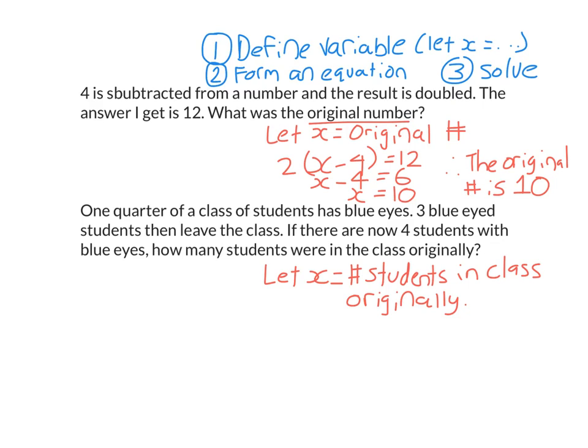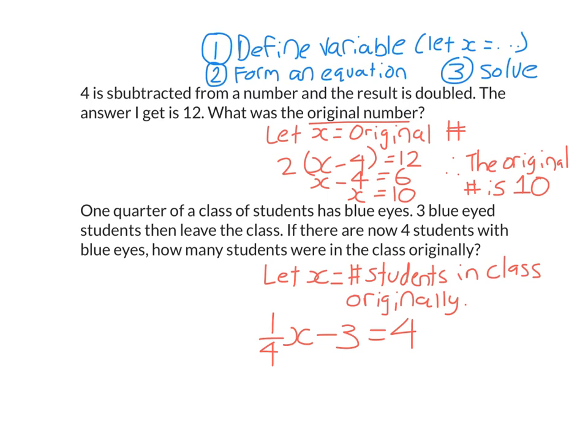So then we rewrite this worded information here using only mathematical symbols. So 1/4 of the number of students in the class has blue eyes. Then we took away 3 students with blue eyes, and now there are 4 students with blue eyes.